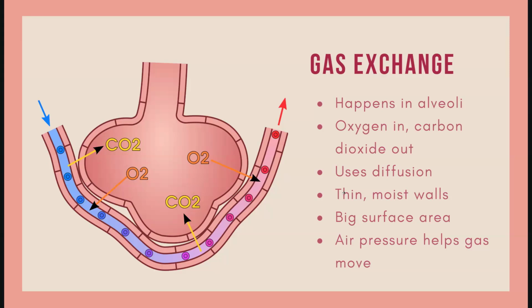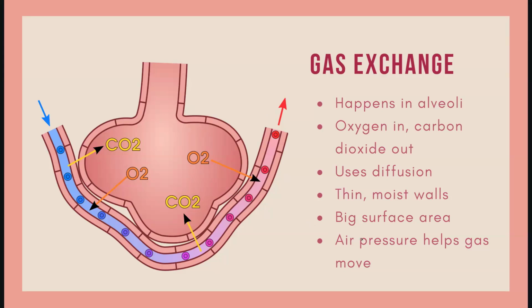It uses simple diffusion, so it requires no ATP or energy input. And the alveoli are coated with thin, moist walls that make sure that this diffusion is very efficient. And like we talked about with that analogy of small balloons and big balloons, we really see that alveoli try to maximize the surface area.